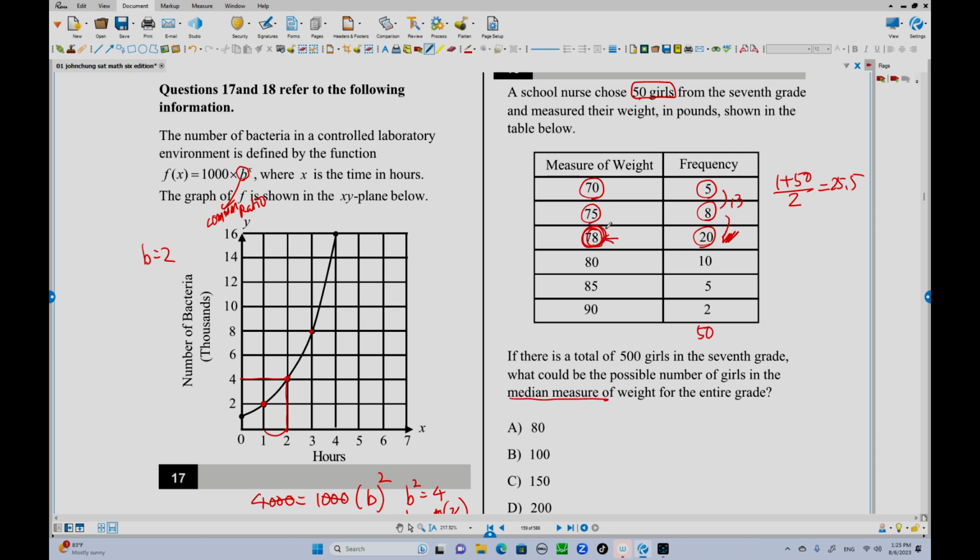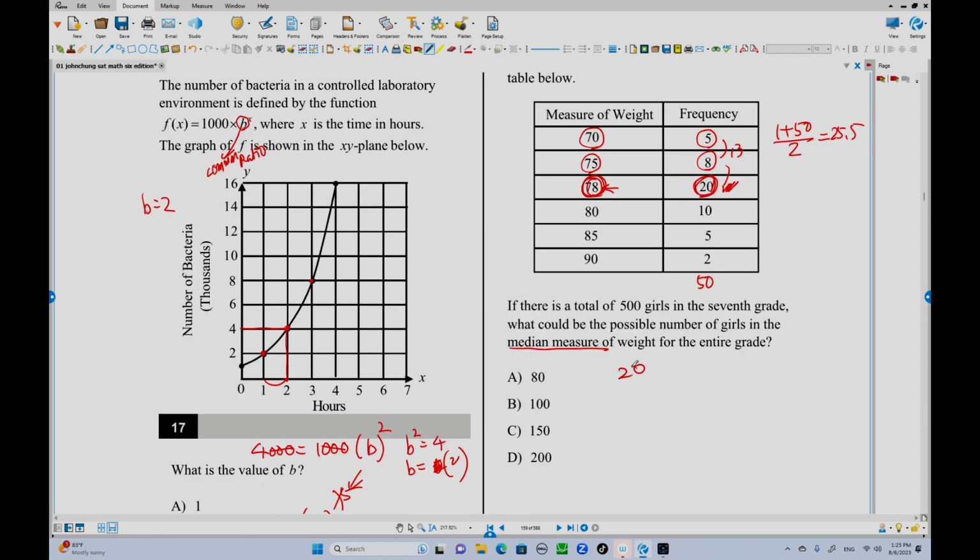This is the median weight, 78. So 20 girls out of 50, that is the ratio. So we take 500 girls times that ratio, which equals 200. That's going to be 200 girls out of 500 who have the median weight, which is 78 pounds.